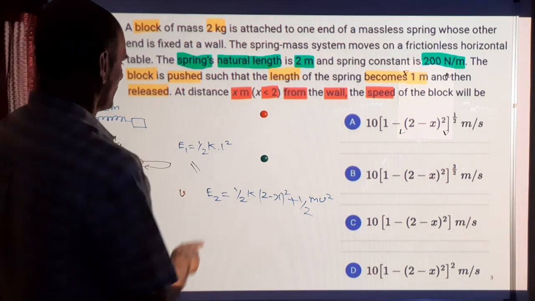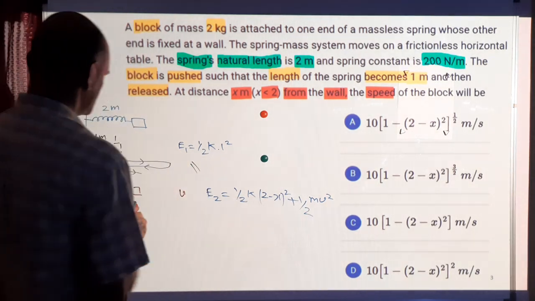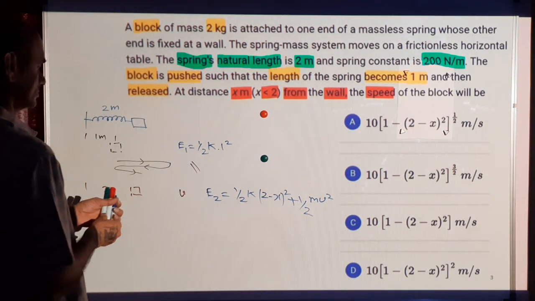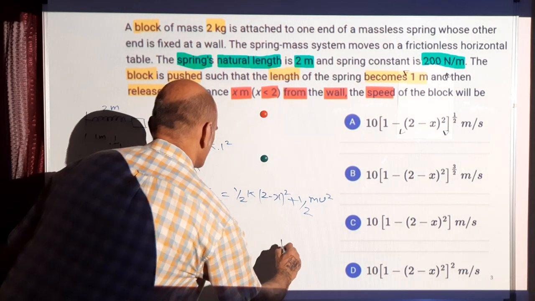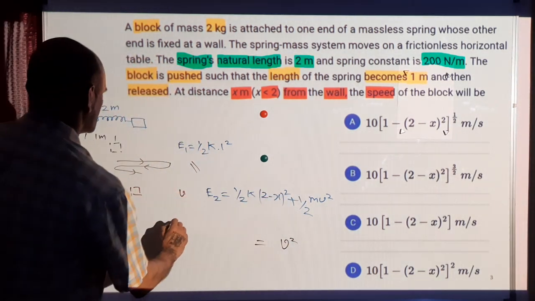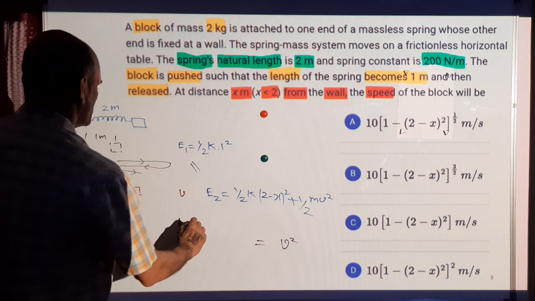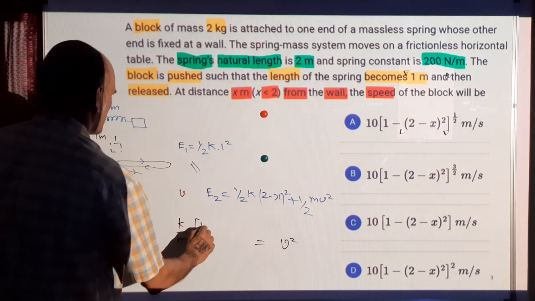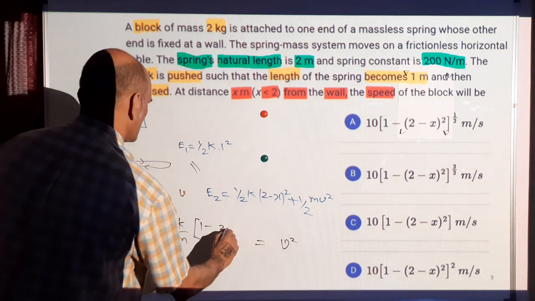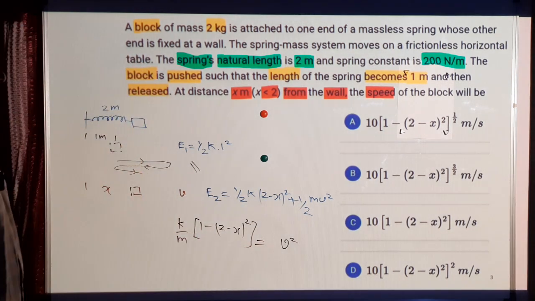So if I equate these two, I can cancel the half and we'll get V square equal to K by m, and then I can bring this m down here, times 1 square, which is 1, minus 2 minus x squared. So this is V square, and V is the square root of this.